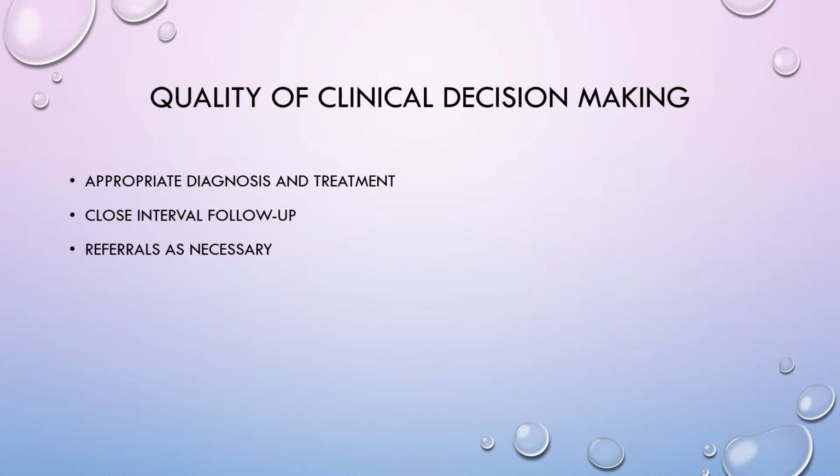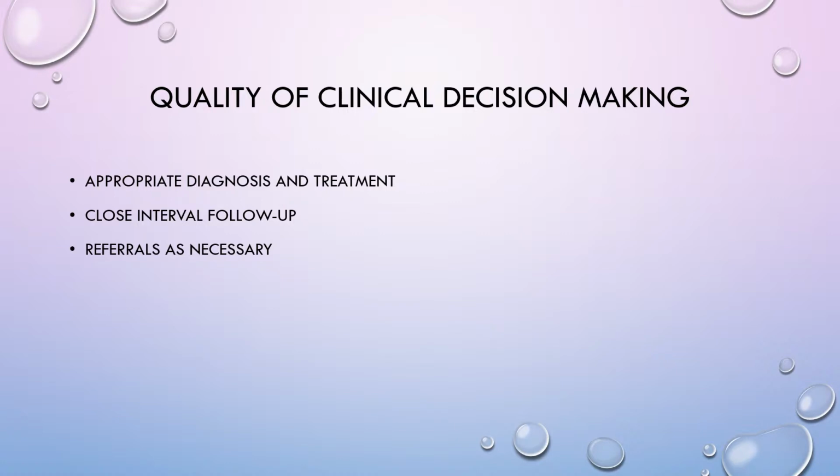Quality of clinical decision making is another aspect in determining how the nurse practitioner is performing. Nurse practitioners should be assessed on the appropriateness of the diagnosis that they are giving a patient. Was it the right diagnosis? Was the diagnosis received in a timely manner by the patient? Was treatment appropriate for the diagnosis that the patient had?